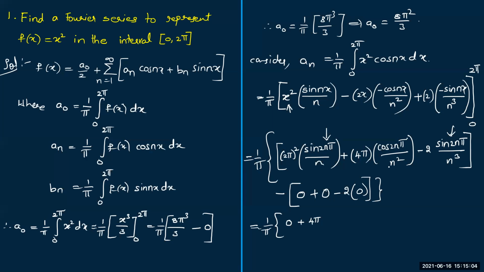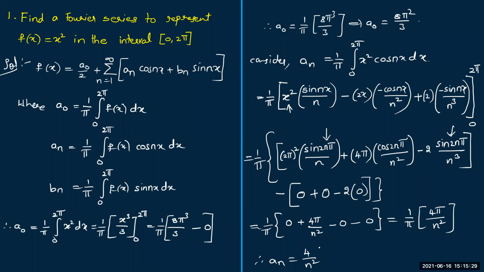We had seen just before, cos 2n pi value is 1. So we'll get 1 divided by n square, and the remaining terms are all simply zeros. So we get 1 by pi into 4 pi by n square. And here this pi can be cancelled, therefore we get an equals 4 by n square.